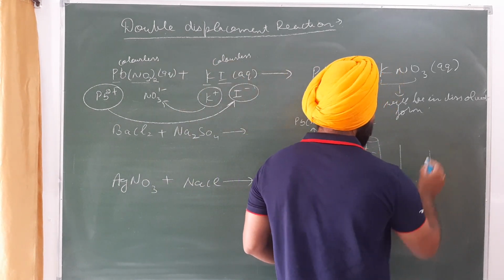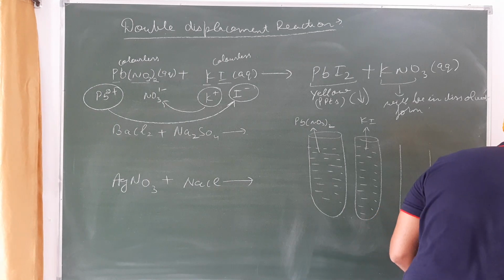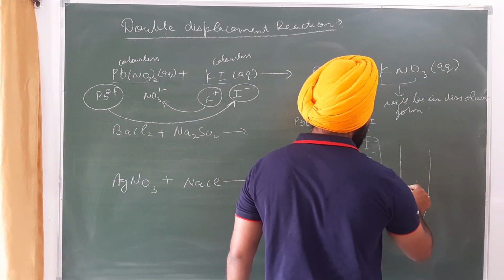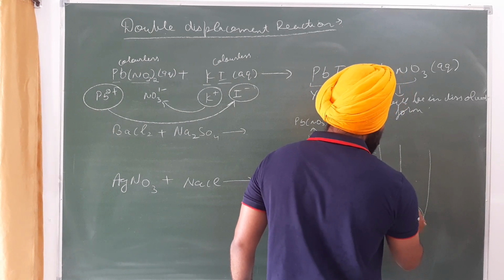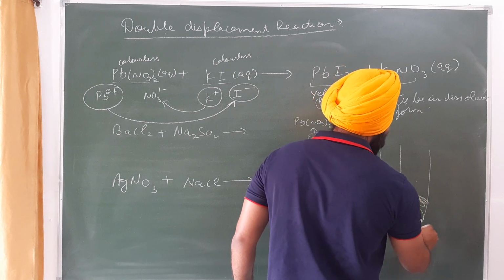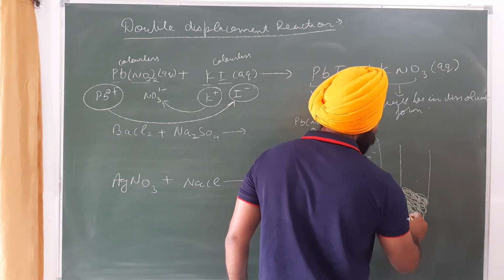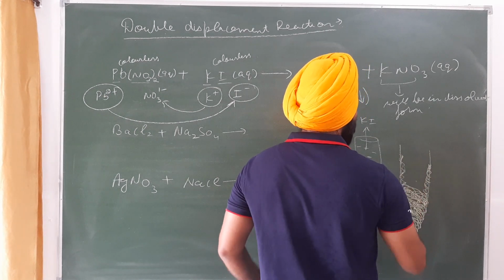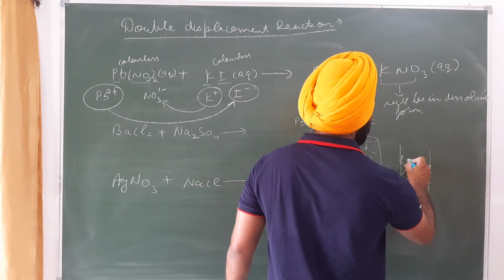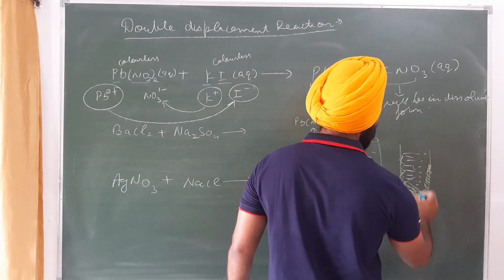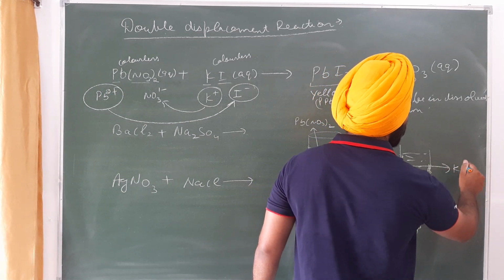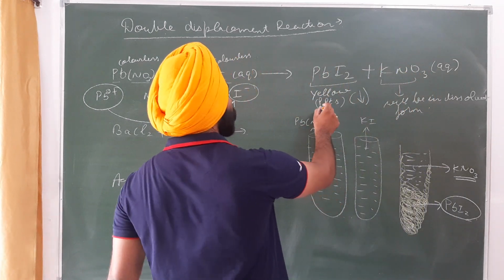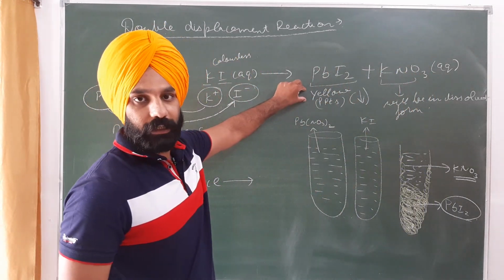When we mix these, we will have yellow colored precipitates settled at the bottom or at the sides where the reaction occurs, and in between we will have KNO3, and this is your PbI2, yellow colored precipitates, or you can say slightly orange colored precipitates.